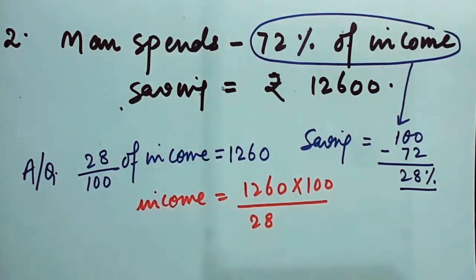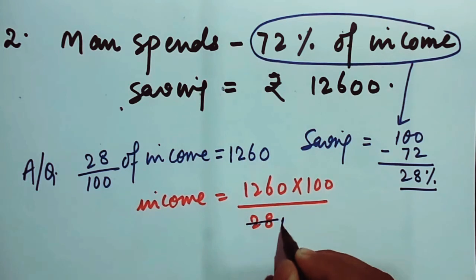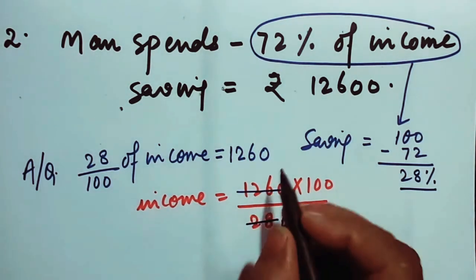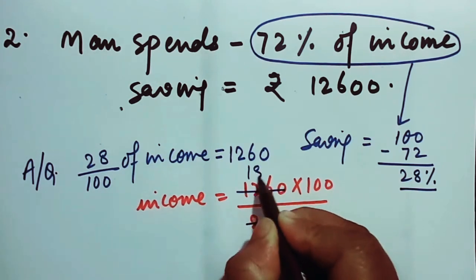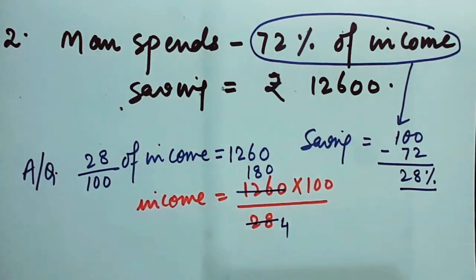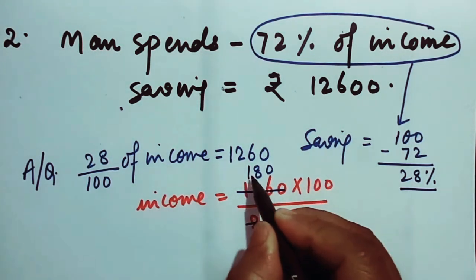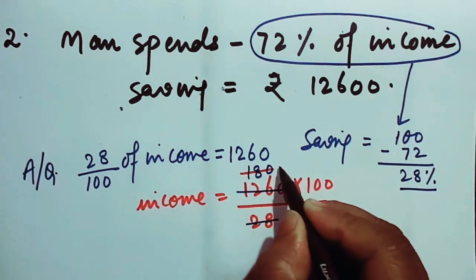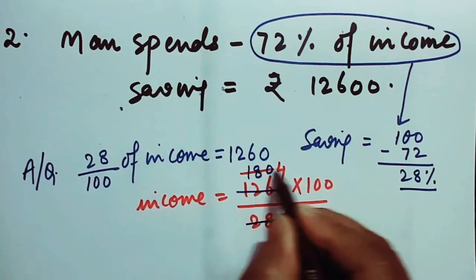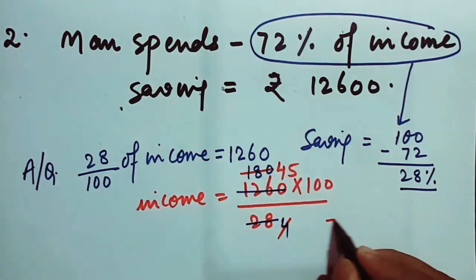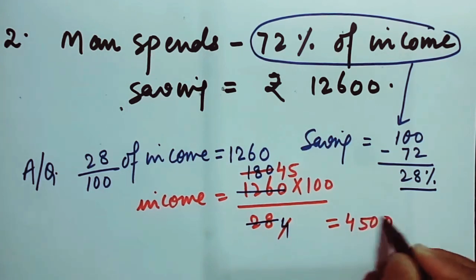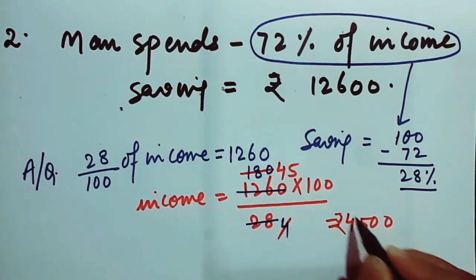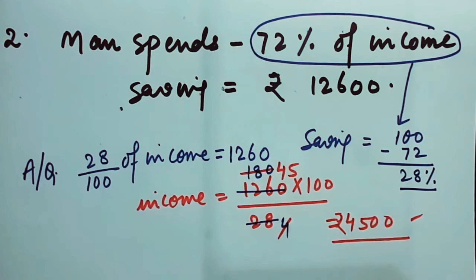Why not cancel it? 7 4s are 28, 7 1s are 7, 7 8s are 56. Similarly, we have 4 4s are 16, 4 5s are 20, which is equal to 4500, his monthly income.